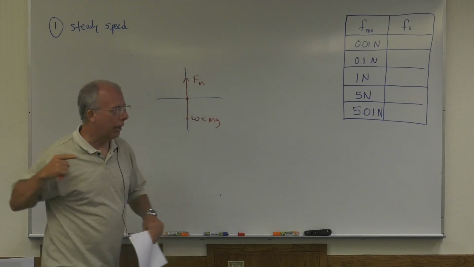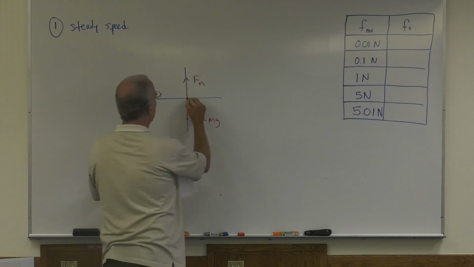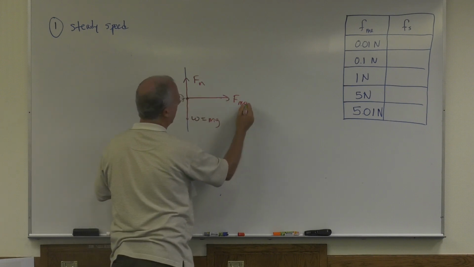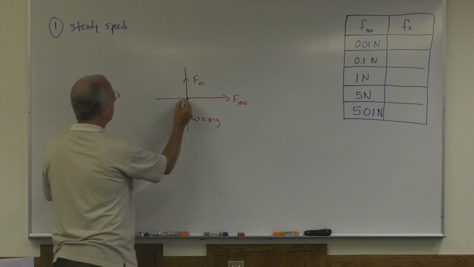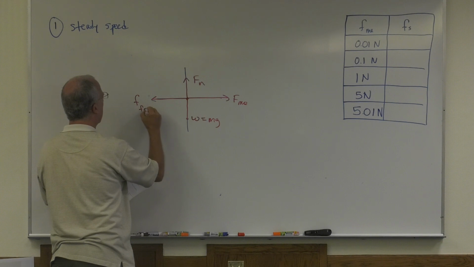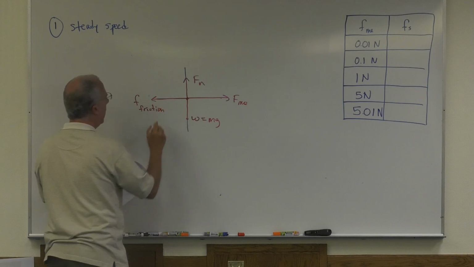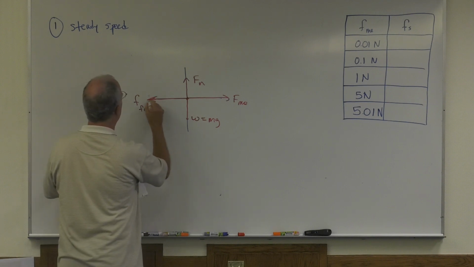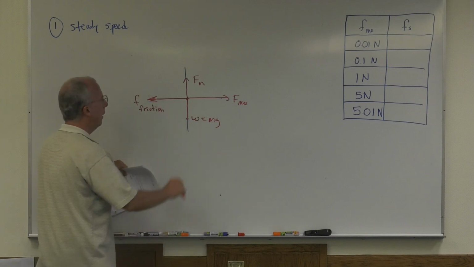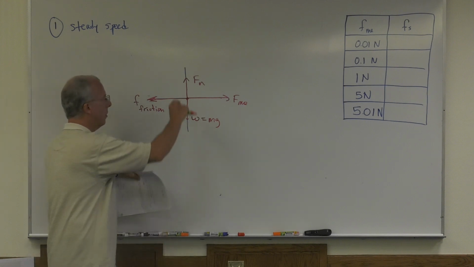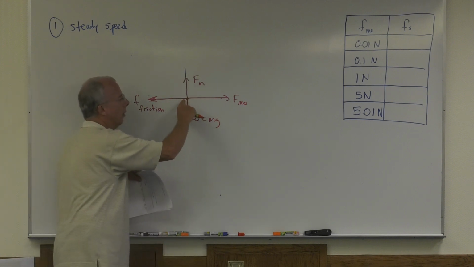I'm pushing on it, let's say I'm pushing this way. So there's F me. And then there's a frictional force, I'll just say it's friction. If I were super careful, there's no vertical acceleration, so this magnitude has to be the same as that magnitude.